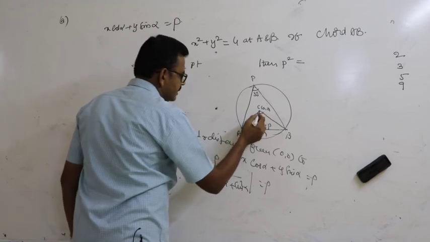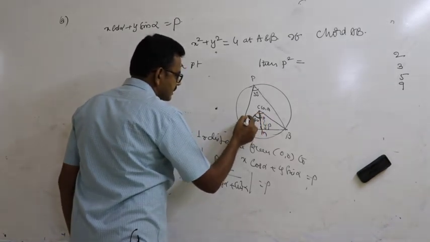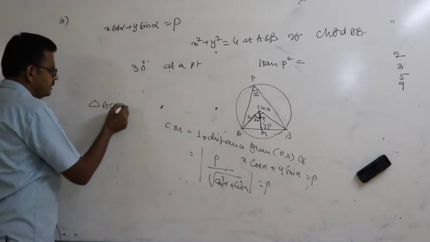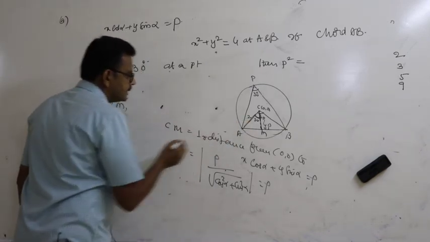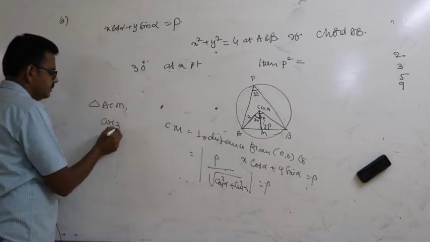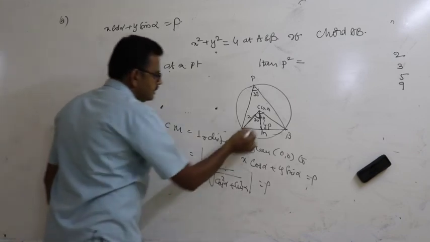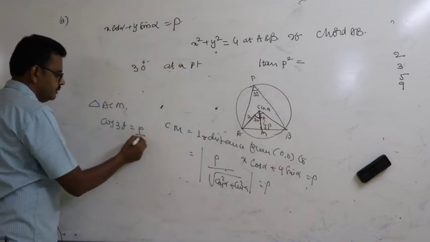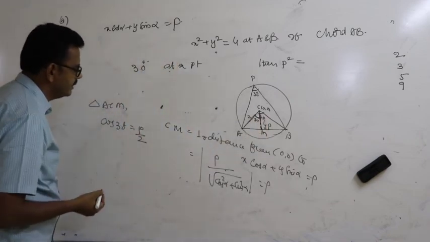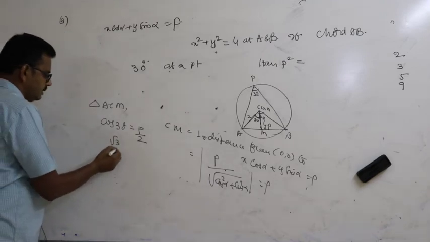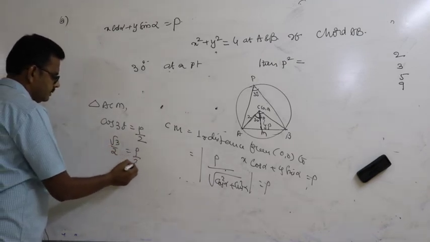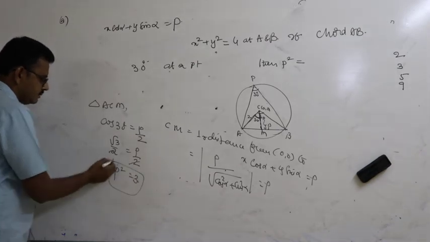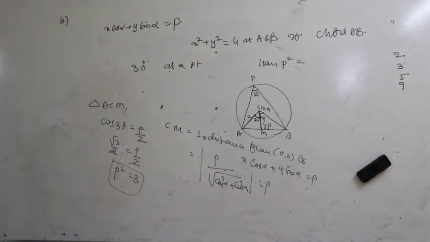Now from this triangle, the radius is 2. From the triangle ACM, cos 30 is equal to p by 2. Cos 30, root 3 by 2, is equal to p by 2. 2 cancels, therefore p square equals 3.